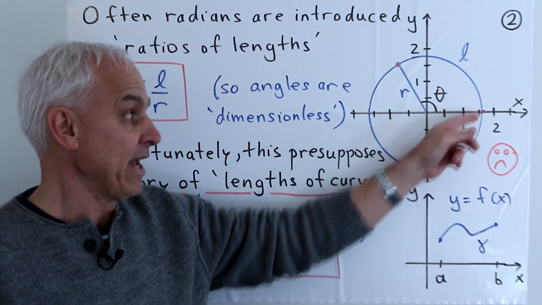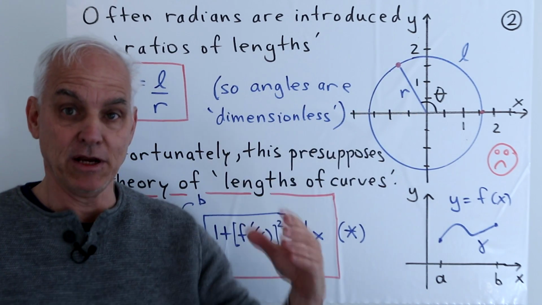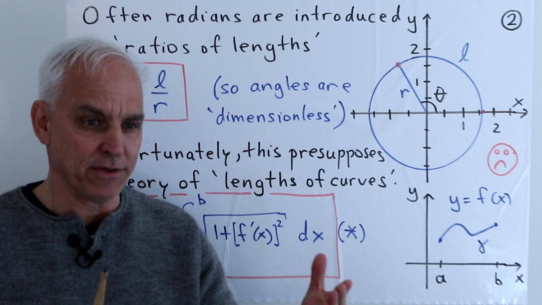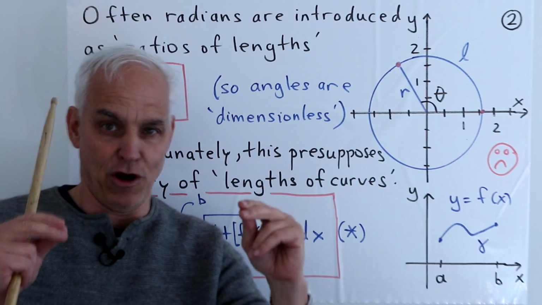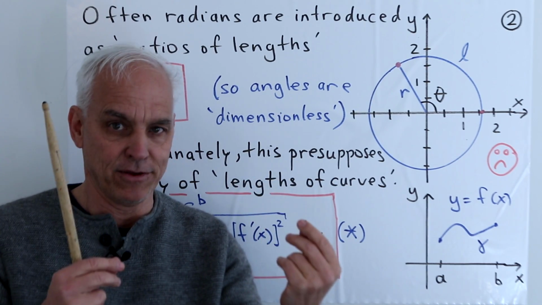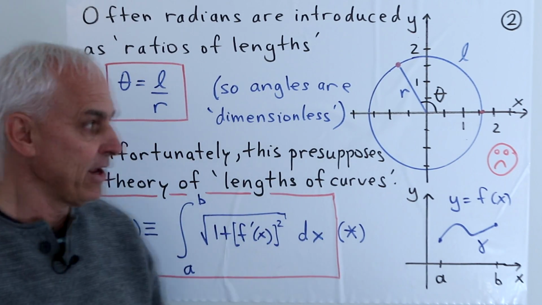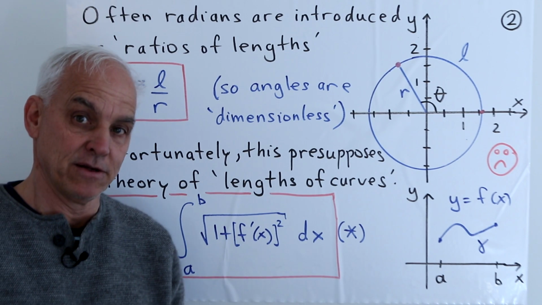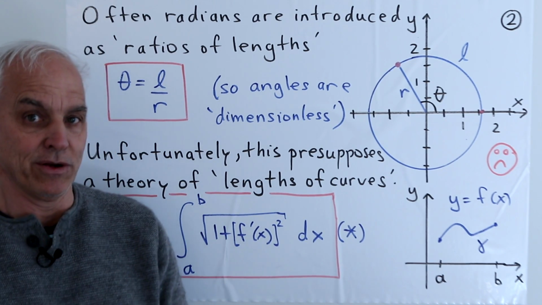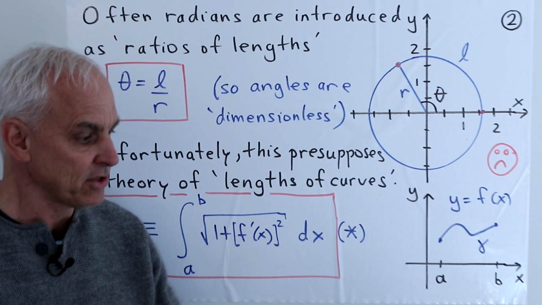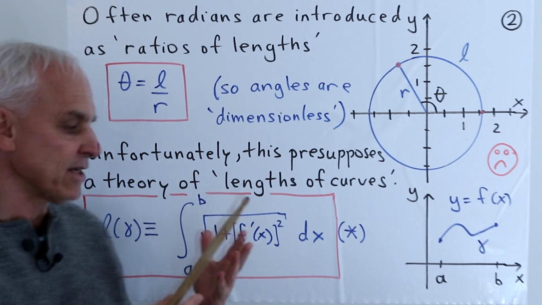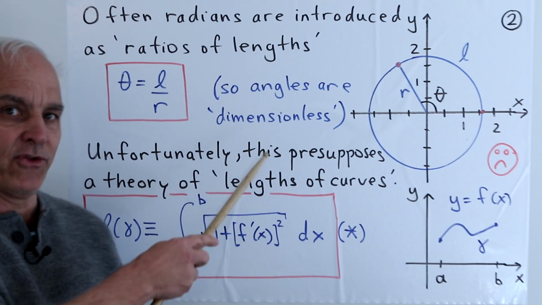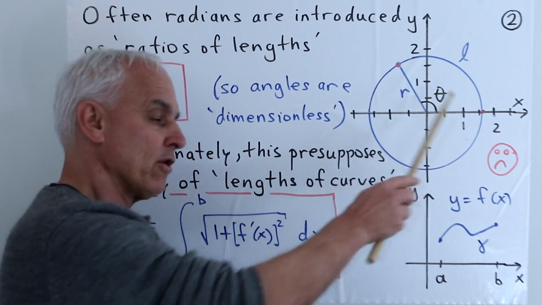They've been talking about the lengths of circular arcs for some years, and it's disconcerting to find out that the actual definition of what we mean by the length of a circular arc is in fact reliant on this kind of sophisticated calculus notion. So that throws into question all the previous stuff that they've been doing with angles and circular functions.